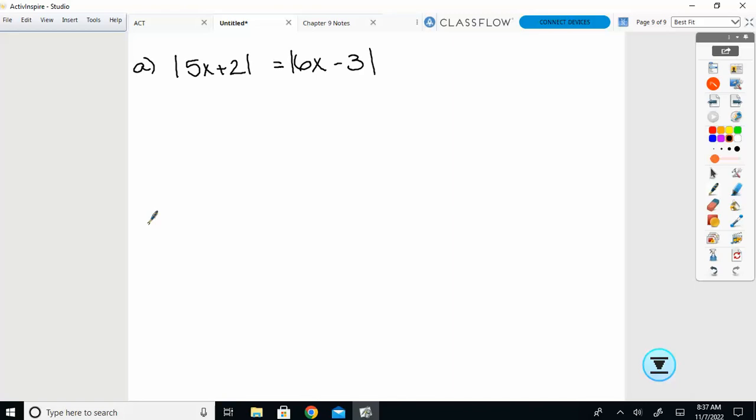Two problems. How do you solve a problem like this? Set the right-hand side equal to positive and negative. Okay, it's an equation, so you make 2 problems. The first one, nothing changes. The second one, take the opposite; you have to run a negative through one side. Okay, so then we solve these.